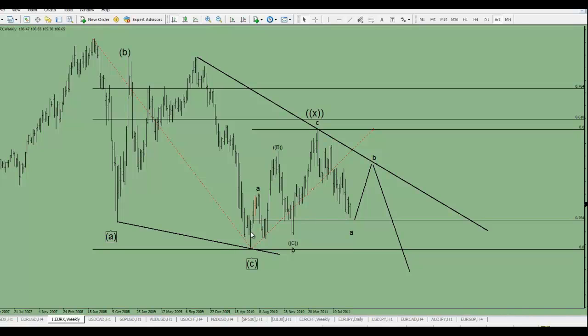Now, is it gonna be broken from current levels? I don't think so. Look at the inside here, going a little bit lower on the time frame.